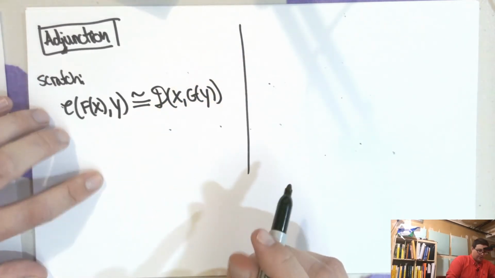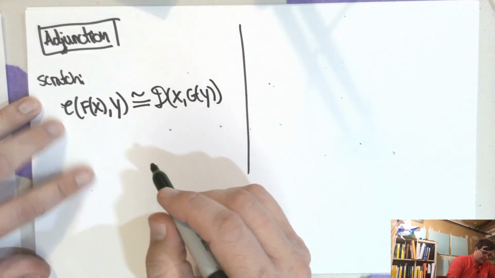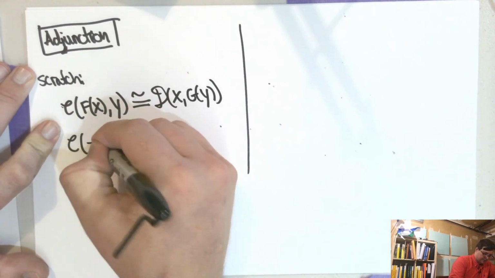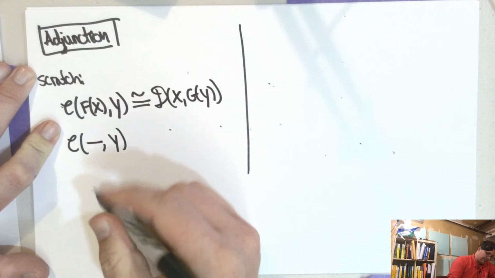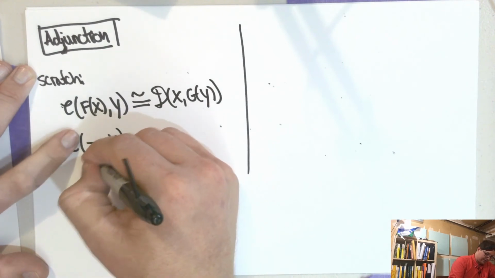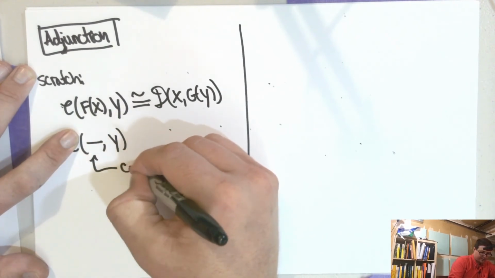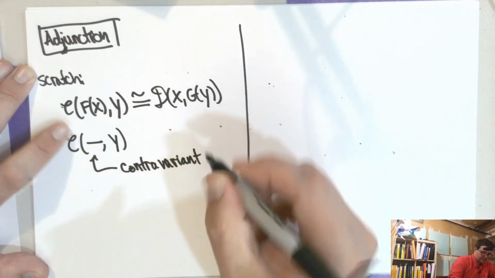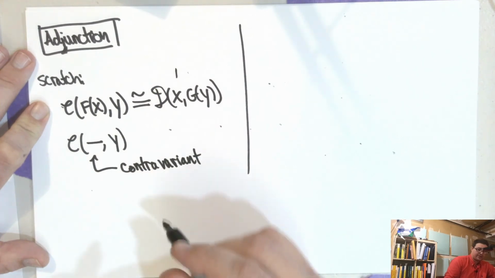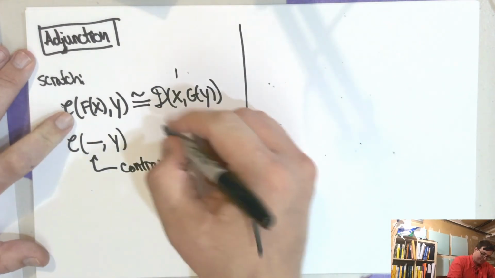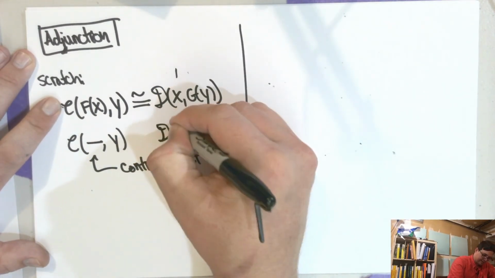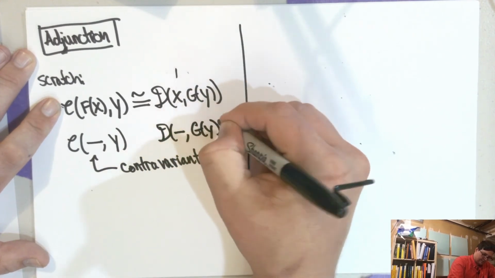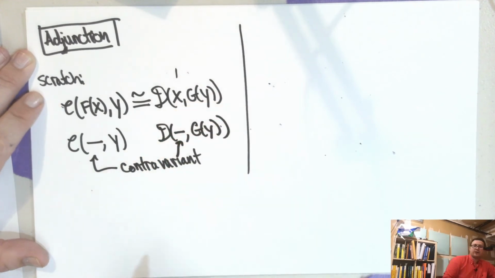This functor here is contravariant in this component, and it's also contravariant in this component here. If I were to write it like this, it's also contravariant in that component.